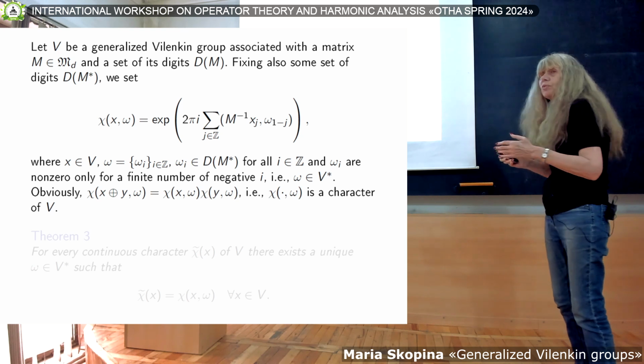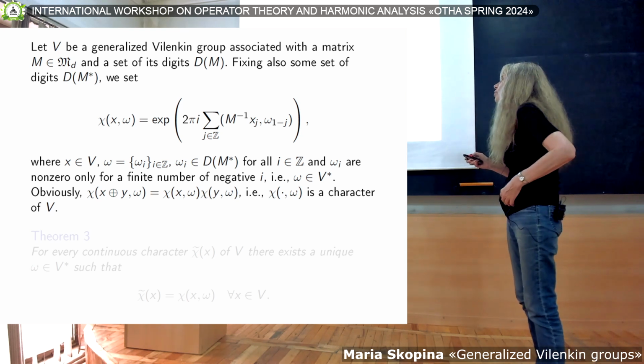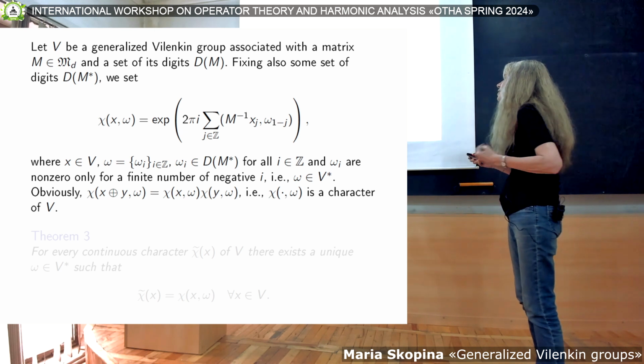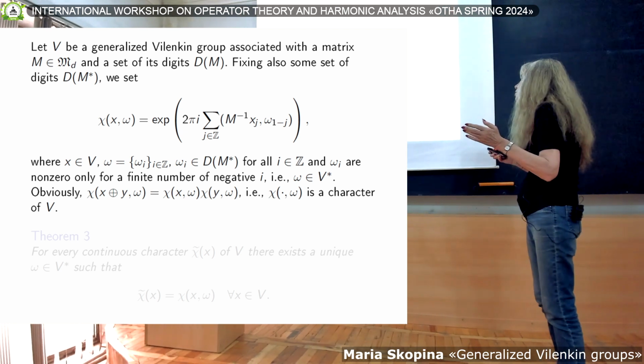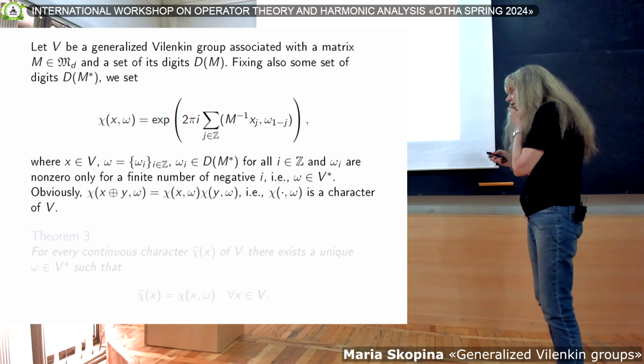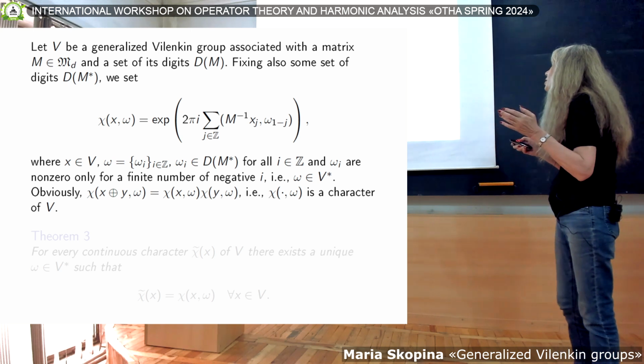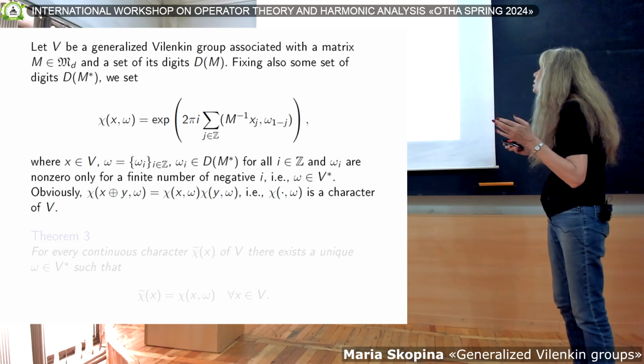So the collection of generalized Vilenkin groups is wider than the collection of fields of positive characteristic.